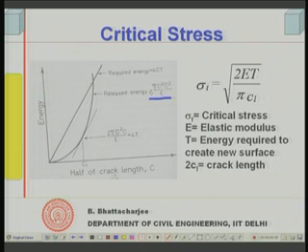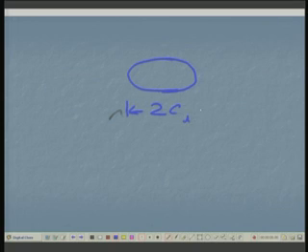So, let us say you have an elliptic crack which has a crack length of 2C, in a plate of unit thickness. When you apply tensile load, the crack will propagate spontaneously.